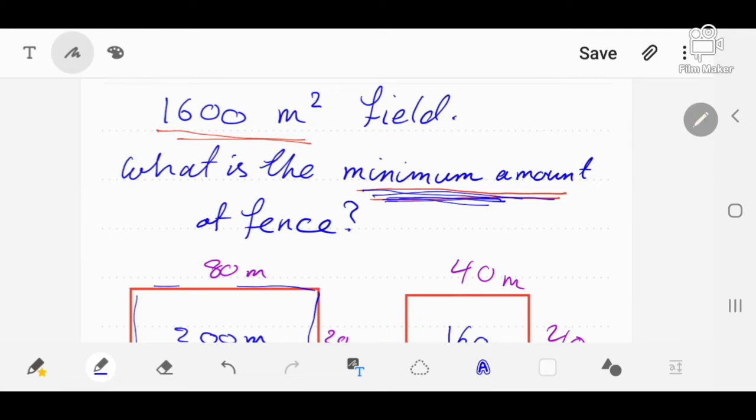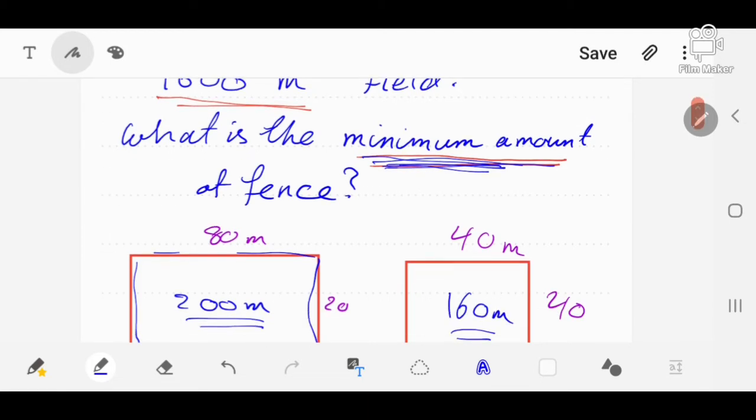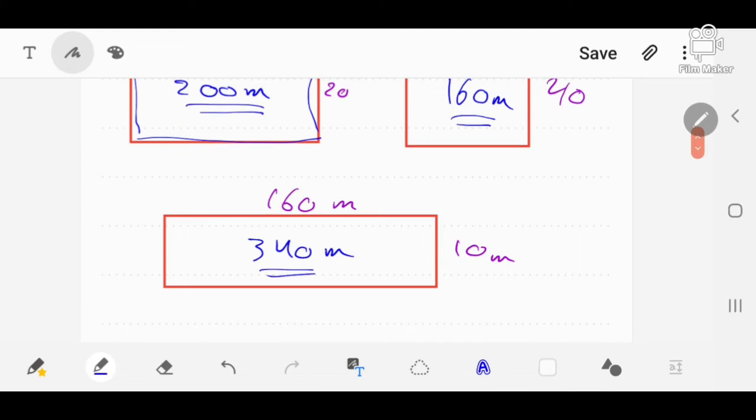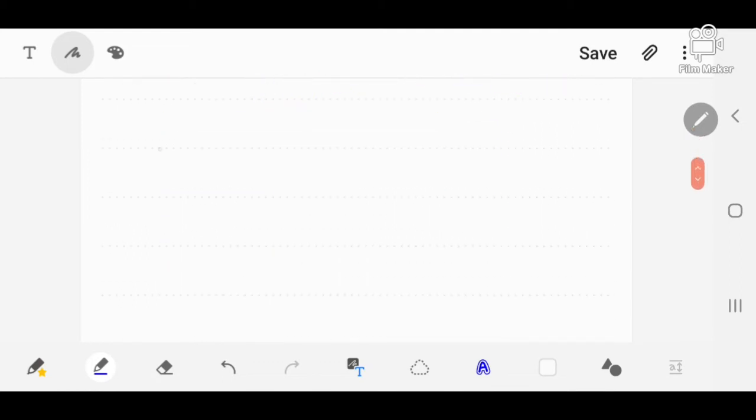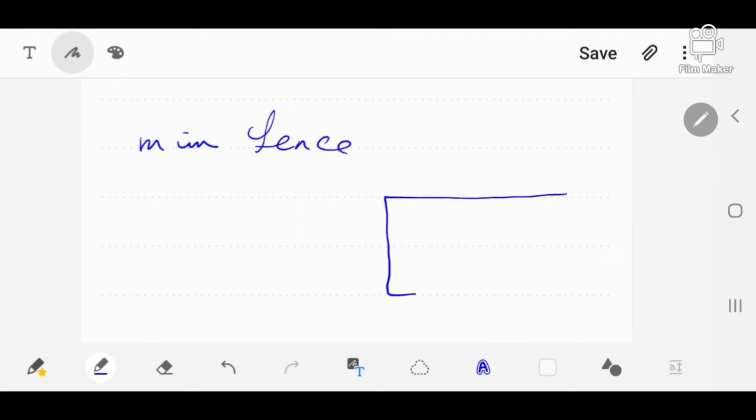How would that happen? I'm going to depend on the words that I'm using here, minimum amount of fence. So I'm talking about minimum fence. Fence of what? Fence of a rectangular area. So I should have a drawing here about my area.